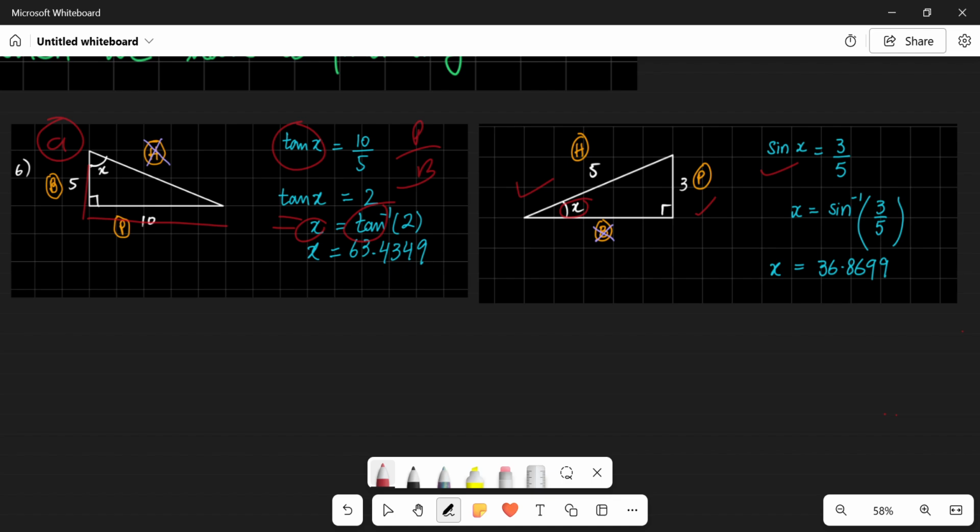So sine x equals perpendicular over hypotenuse. Sine is going to shift over as a division, that's why it comes as sine minus 1 of 3 over 5. We use these values in the calculator and find the value 36.8699, which is the answer for the x angle, right?